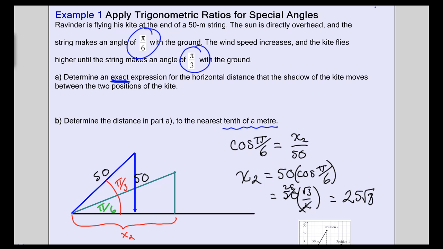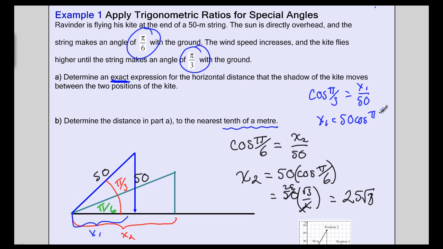I do exactly the same thing when I'm solving for the shorter side, or shorter length, I'm going to call that x1. So I would take cos of pi over 3 is equal to x1 over 50. Exactly the same process.